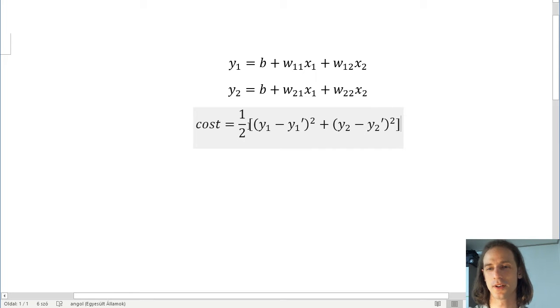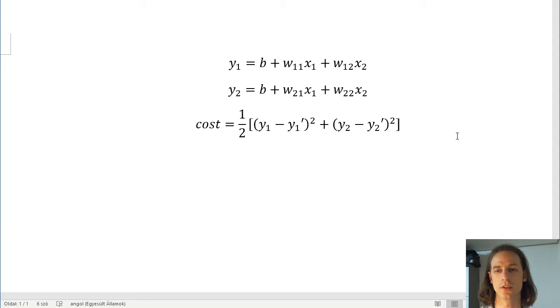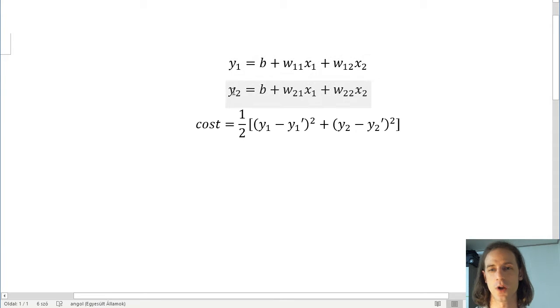So what we are doing is, this is the y1 we got from this equation, this y2 is the y2 we got from this equation, and then we have some measured y1 and y2 values. You have to consider y1 prime and y2 prime as the target values: you are making a prediction, and the prediction you make is y1 and y2, and the real values you should be getting are y1 prime and y2 prime.